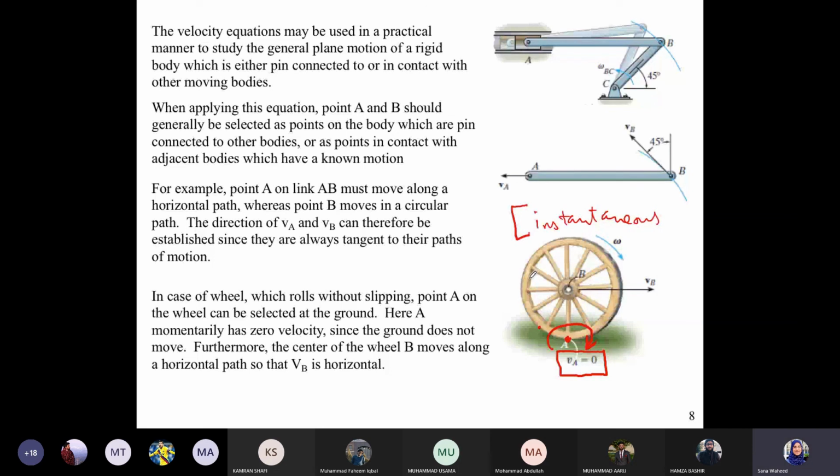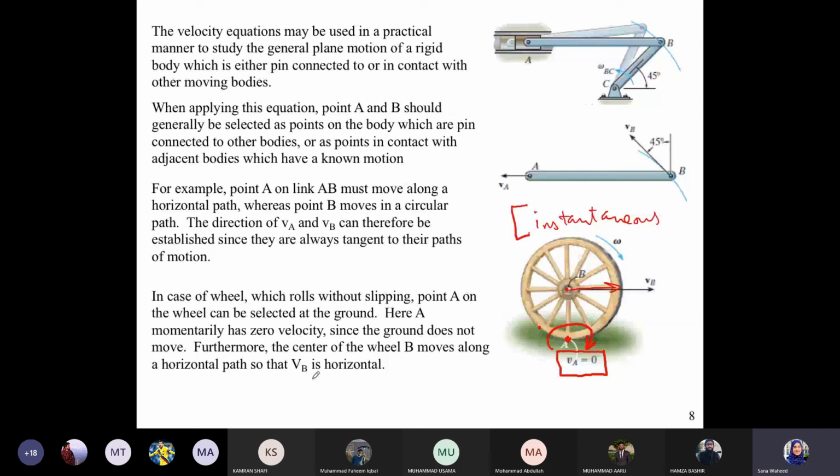So similarly here, I'm just trying to point out that even for wheels, we know some things about 2 points there. We know that the center will move horizontally with the horizontal velocity, and this point A remains at 0. So using this information, we can find out the angular velocity. Of course, it's the same thing: VB is going to be equal to what?